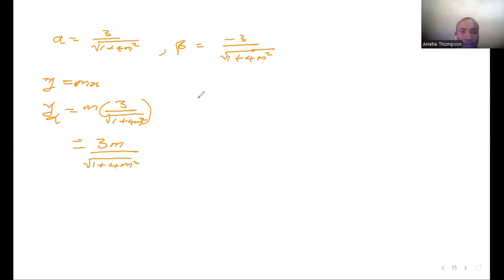Similarly, the y value for beta, y beta, the vertical value, is also going to be equal to minus 3m all over the square root of 1 plus 4m squared by substitution. Remember, y equals this.